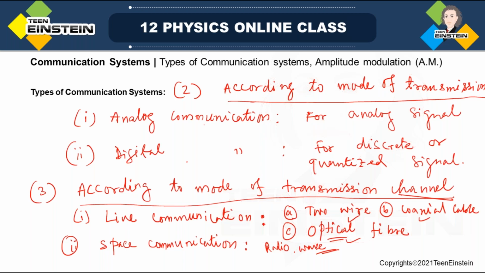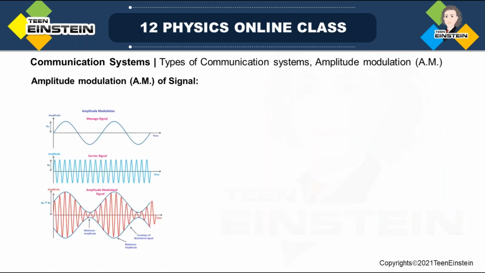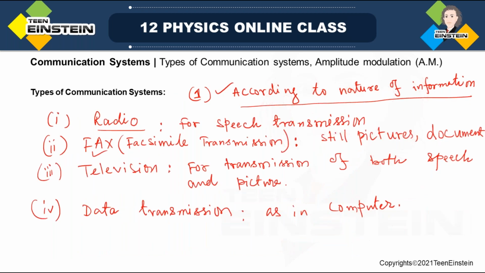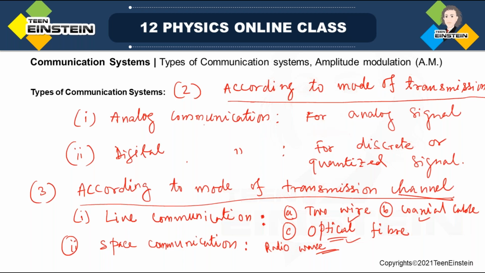Now we'll see according to type of modulation. Let me clean this portion. So far we have discussed according to the nature of the information, then according to mode of transmission, whether it is analog or digital, then according to the mode of transmission channel we use, like line communication or space communication.